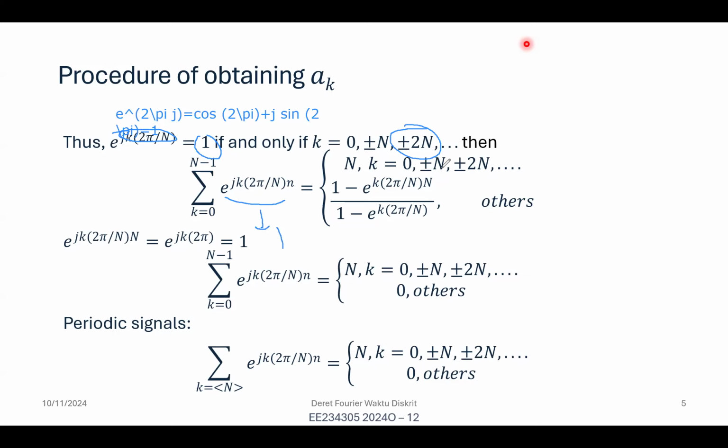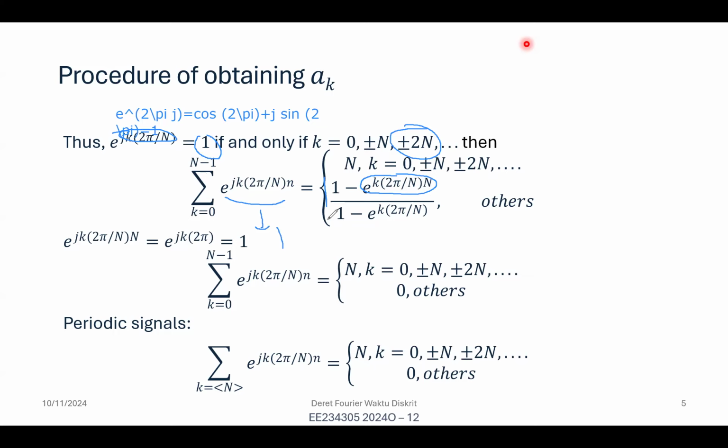Otherwise, we have 1 minus e to the power of k 2 pi over N times N. This is the case where this is not 1, so k is not in the period.